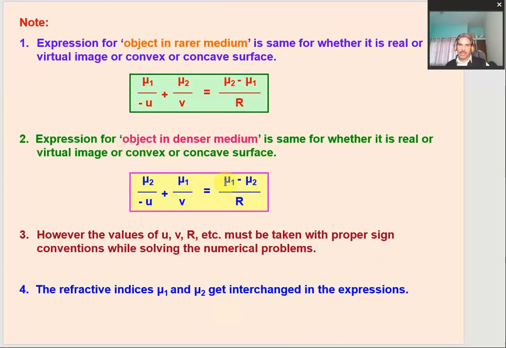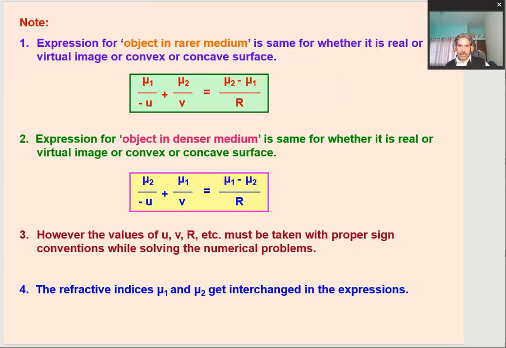In what sense is it different? You can compare these two. It is mu2 here in this equation, and in place of mu2 we have mu1 here, and on the other side of this equation we have mu2 minus mu1 here, and here mu1 minus mu2. So only these two equations are obtained in the end.